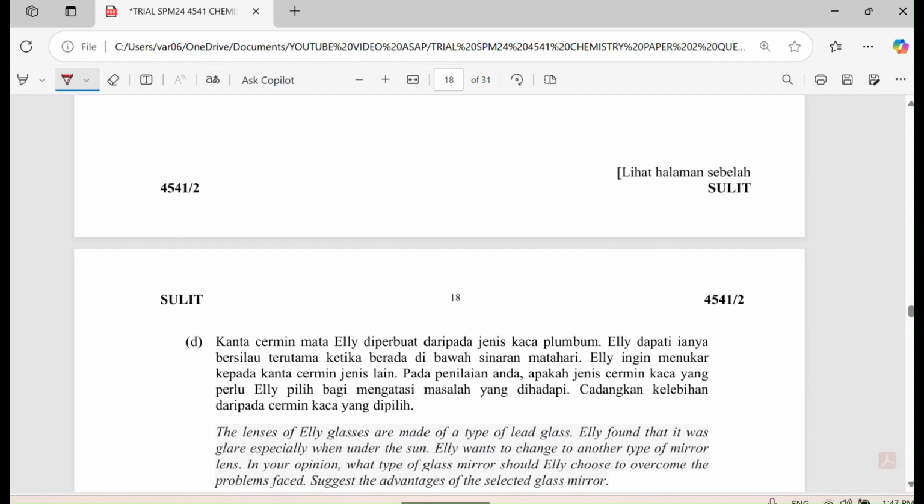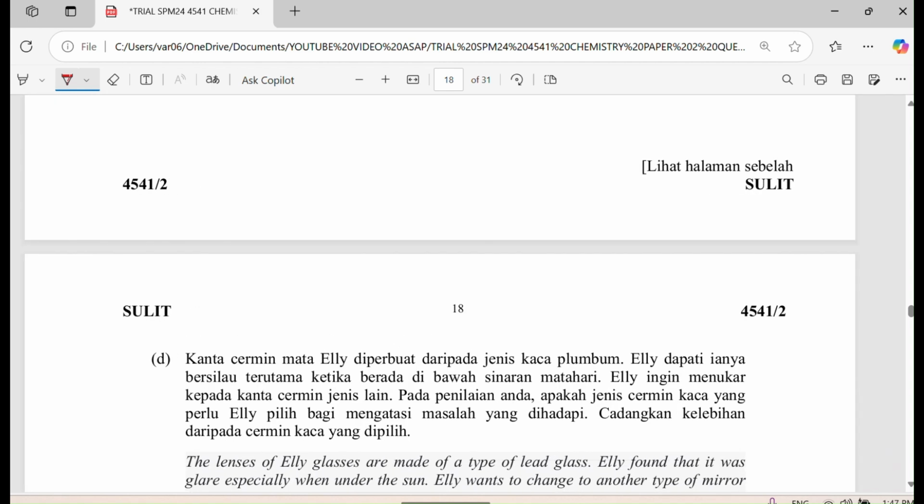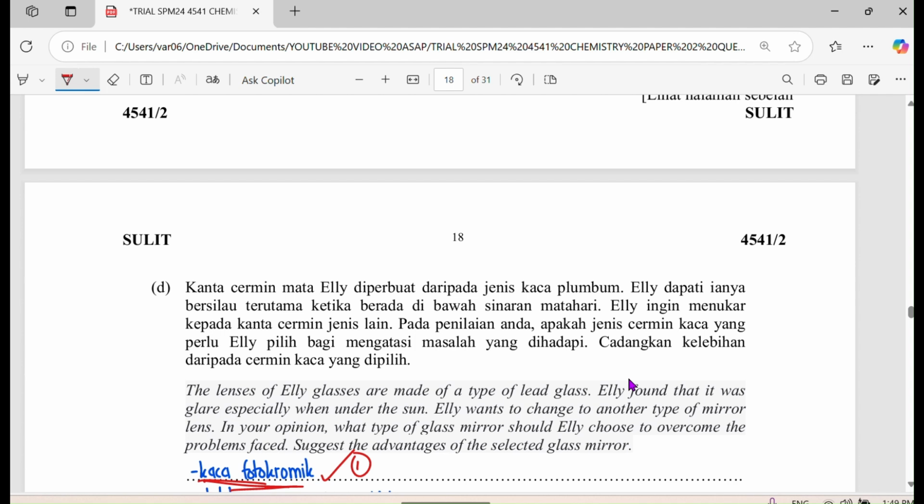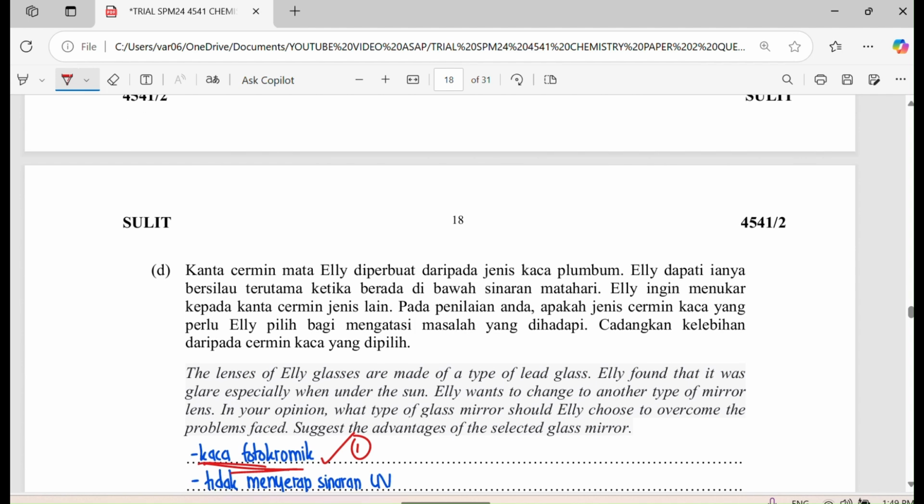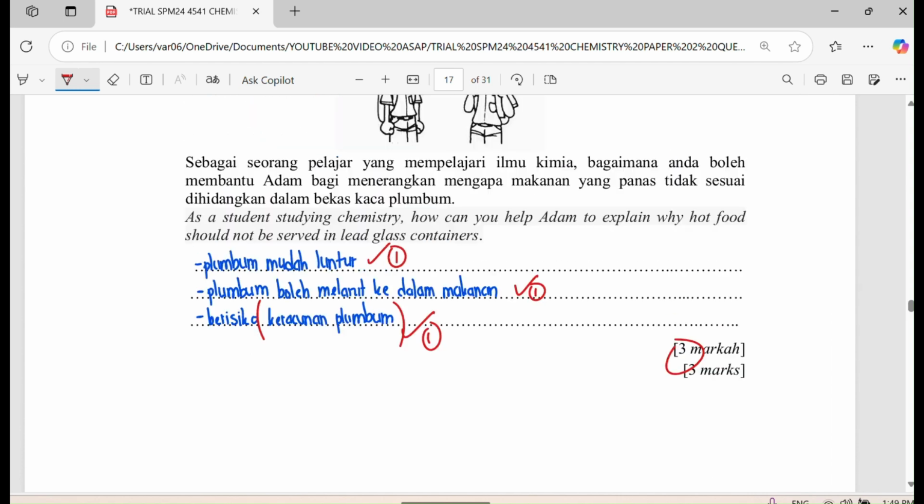Pada penilaian anda, apakah jenis cermin yang perlu Ellie pilih bagi mengatasi masalah yang dihadapi? Cadangkan kelebihan daripada cermin kaca yang dipilih. Okay, so kaca fotokromik lah, correct. Okay, why? Because kaca fotokromik tidak menyerap sinaran UV, so she won't have all those issues lah.